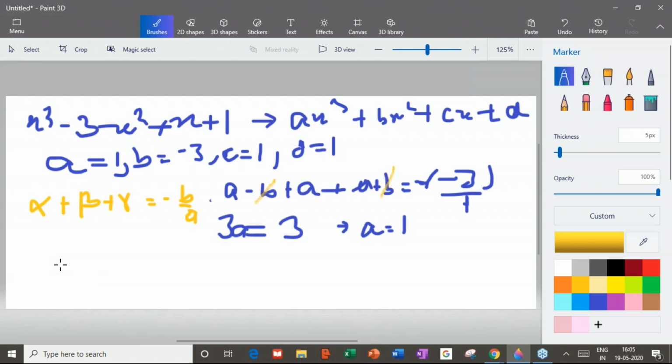Now we make use of the next property, which is nothing but alpha beta plus beta gamma plus gamma alpha is equal to c by a.